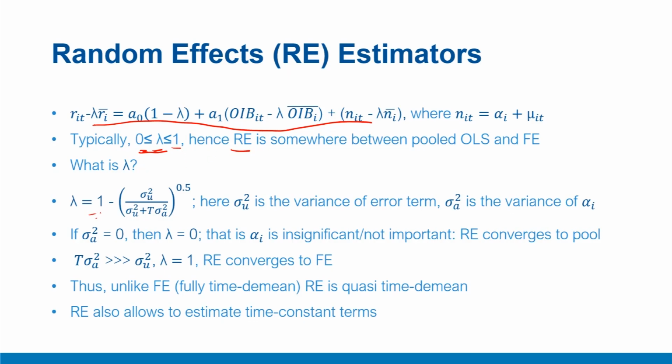So the formula for lambda is 1 minus sigma mu square upon sigma mu square plus T times sigma alpha square, where T is the number of time periods, whole to the power 0.5, where sigma mu square is the variance of the error term and sigma alpha square is the variance of alpha i.